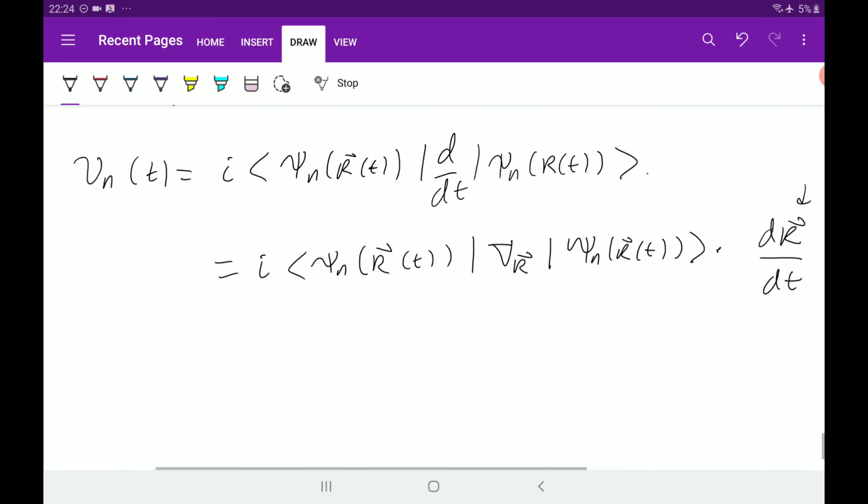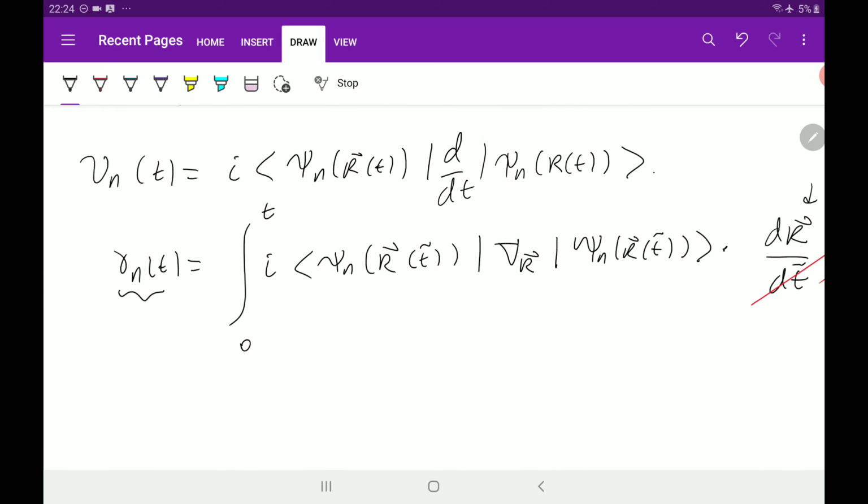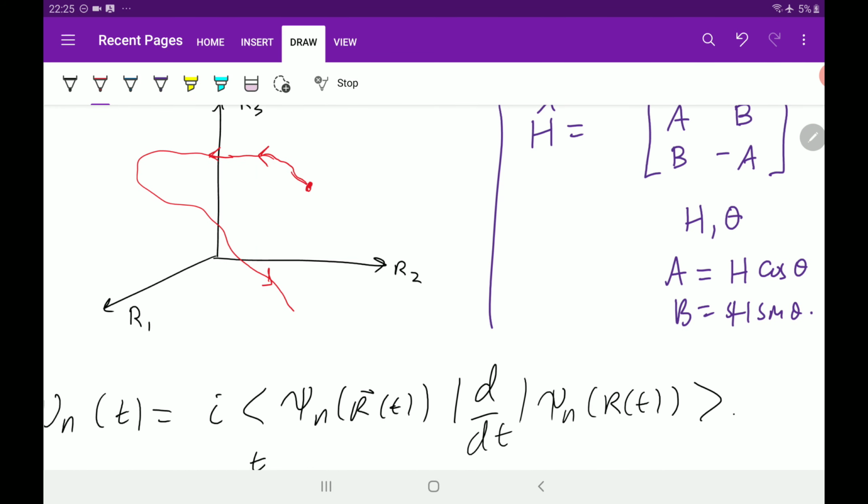Now, gamma n of t is the integral of this from 0 to time t, with respect to t tilde. And the important point, this is where the entire geometric interpretation comes in, is that these cancel. So the result of gamma depends on just the path you take in this space.